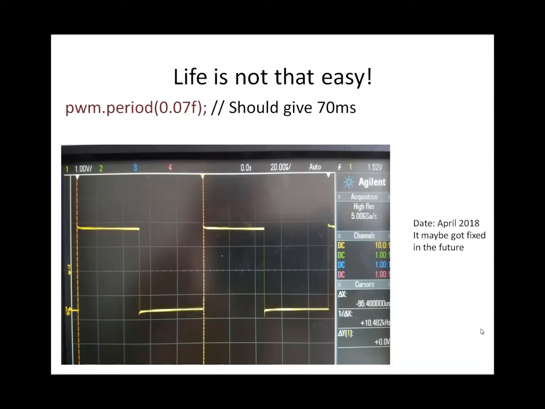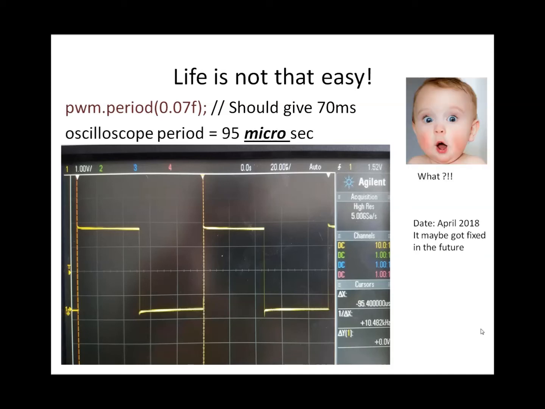Now this is the configuration in the code, right? It's how much? 70 milliseconds. What's the oscilloscope reading? 95 what? 95 microseconds. So it's totally horrible.